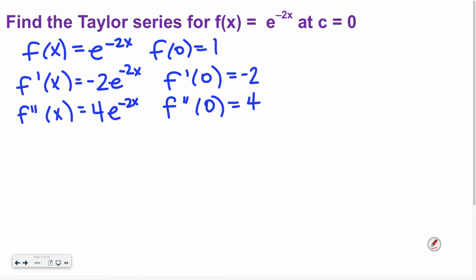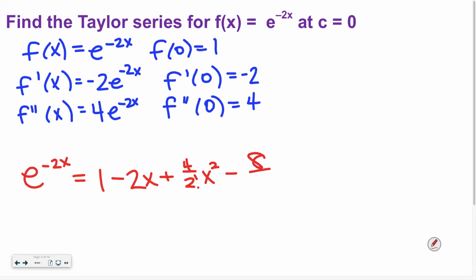Negative 8. Okay. So, e to the negative 2x would be 1 minus 2x plus 4 over 2 factorial x squared minus 8 over 3 factorial x cubed. What would our next derivative be? Okay.